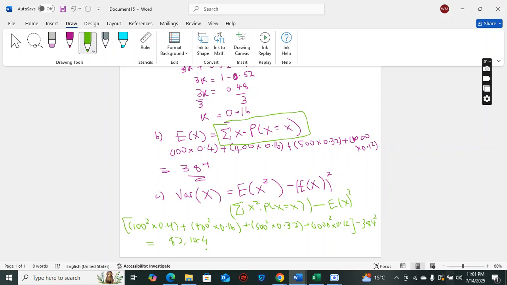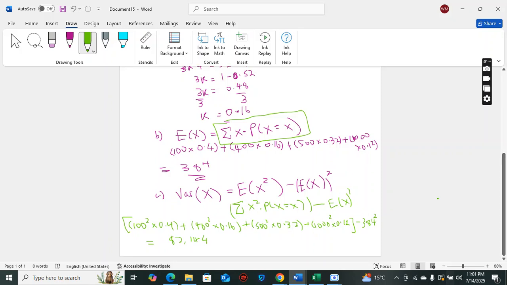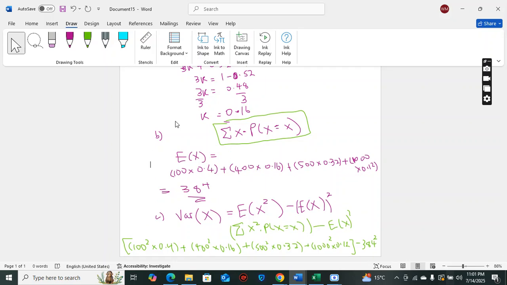Okay, any questions, colleagues? Here I've just found the variance. The standard deviation is the square root of the variance, okay? So your standard deviation, which you represent as sigma, excuse me.